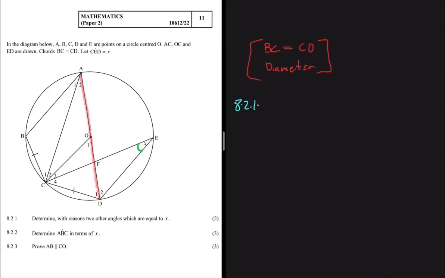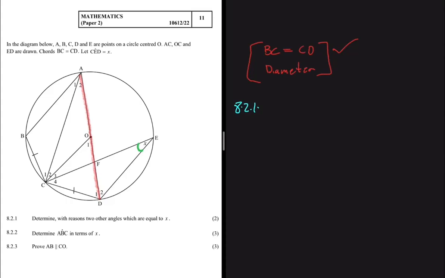Question 8.2.1 says, determine with reasons 2 other angles which are equal to x. We are told by the first keyword that chord BC is equal to chord CD, and we know full well that equal chords subtend equal angles.